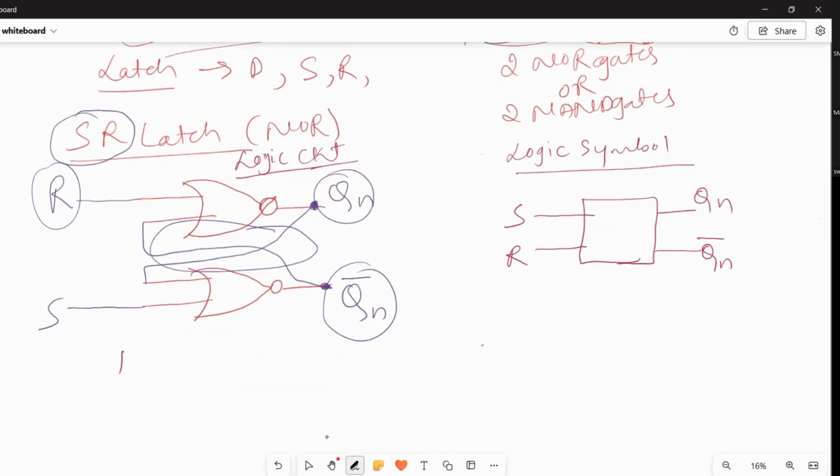What is the meaning of truth table? We don't have A, B here. The A, B concept is in combinational circuits. Now we are in a sequential circuit: S, R, Qn, Qn bar.